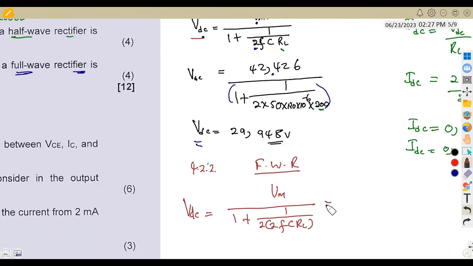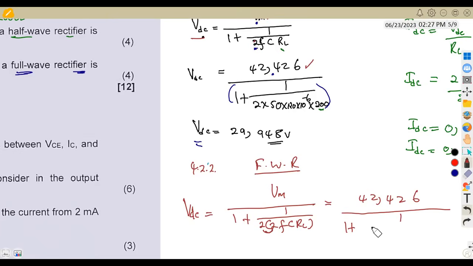So we are just substituting here. VM, we already calculated, is not changing, which was 42.426, everything over 1 plus. So 2 times 2 here, which is 4. So this is the only part that changes.